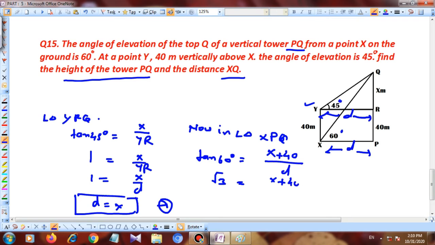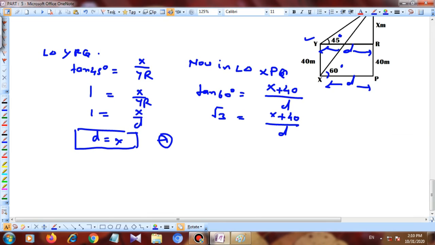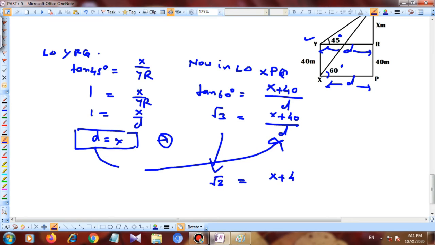So this is x plus 40 upon D. So value of D is x. So put the value of D in this equation, then you will get root 3 equal to x plus 40 upon x.